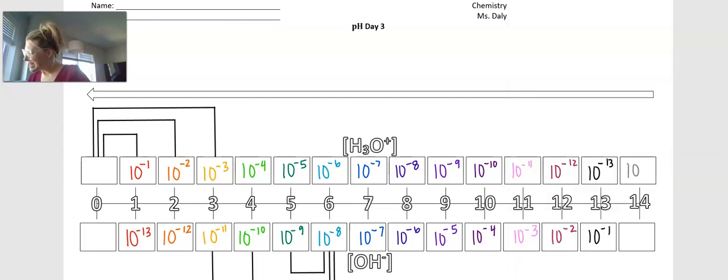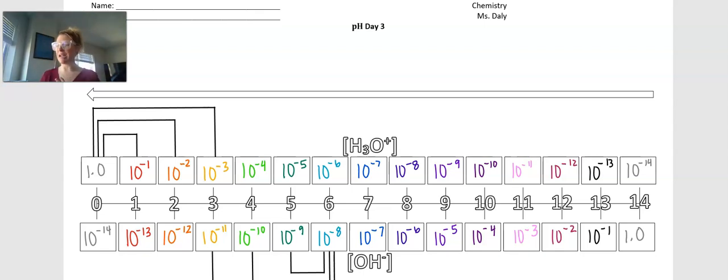If our exponents have to add to negative 14, then for the pH of 14 I am going to have hydroxide at 1.0 times 10 to the negative 0, which is the same thing as just saying 1.0. If I have a pH of 0, then my concentration is just 1.0 molar, and my concentration of OH- would be 10 to the negative 14th. So now we can see our full scale here.